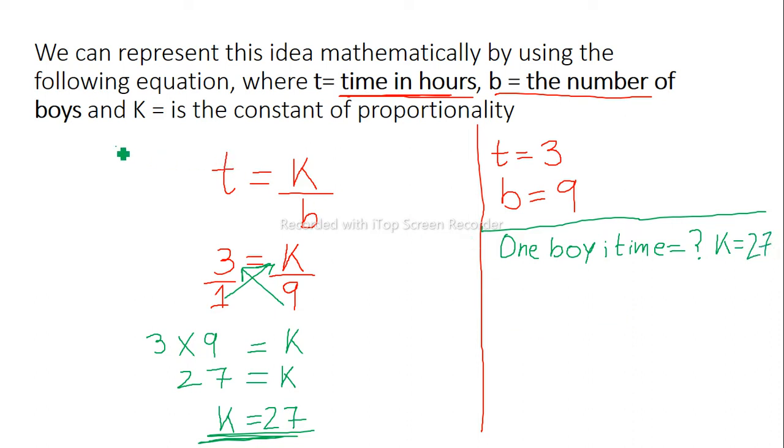So remember this formula: the time, T, is going to be equal to K, the constant of proportionality, over B. Now, how many boys do we have? 1. We only have one boy, according to the question. What is our constant of proportionality? We just figured out it's 27. And then T is going to be equal to 27 over 1, which is what?